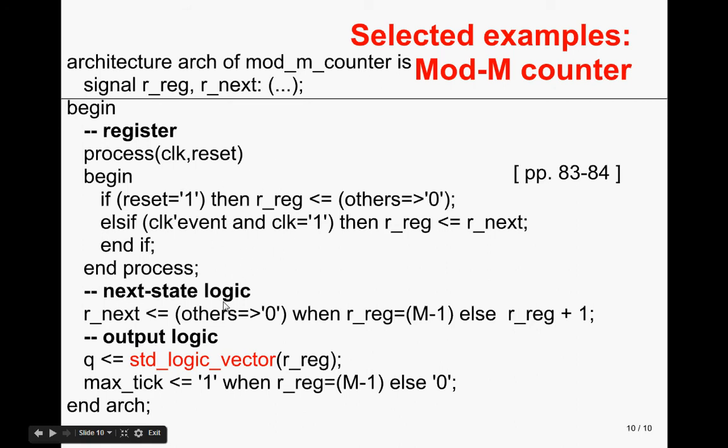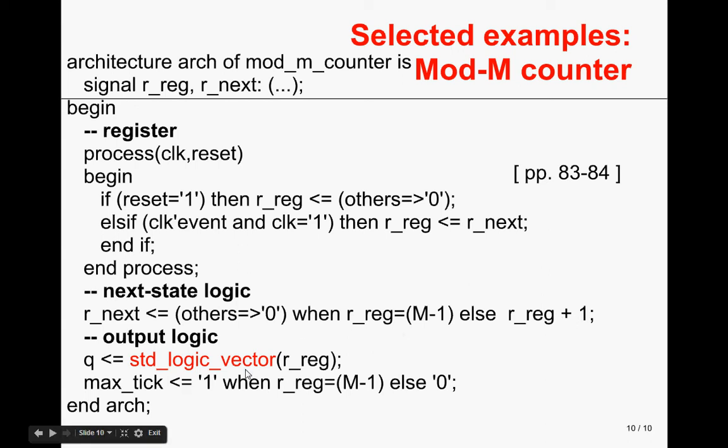And so what we would say is that, again, the state register description is the same as for all the other blocks, but the next state logic will be defined as r_next takes the value of all zeros when we have reached the limit count state, or else it will add 1 to increment.